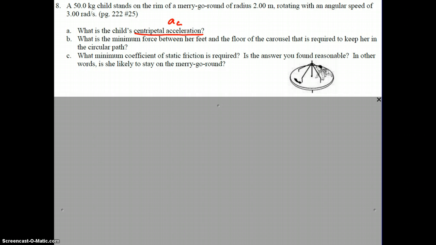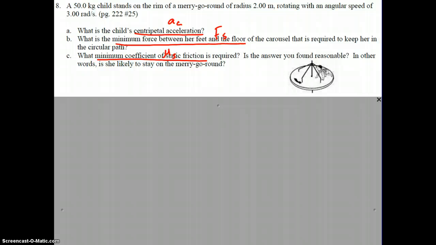The minimum force between her feet and the floor sounds like the static friction that is required to keep her in the circular path. And then the minimum coefficient of static friction that's required, that would be mu s. Is the answer we found reasonable? We're going to use that answer to determine whether it's likely that she stays on the merry-go-round or not.